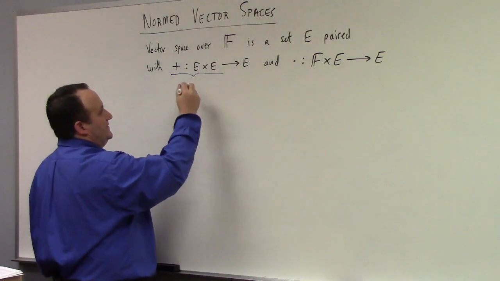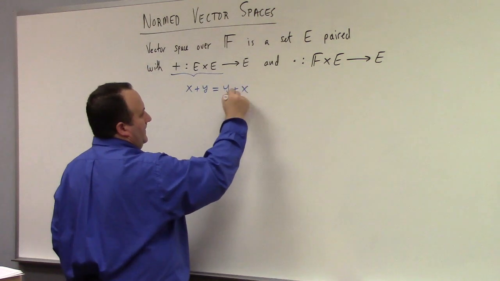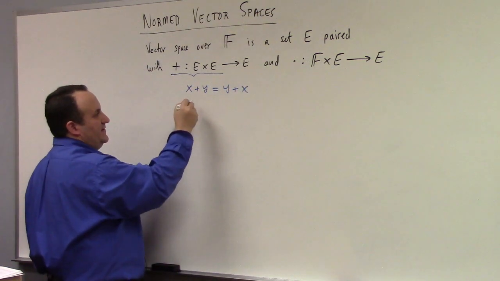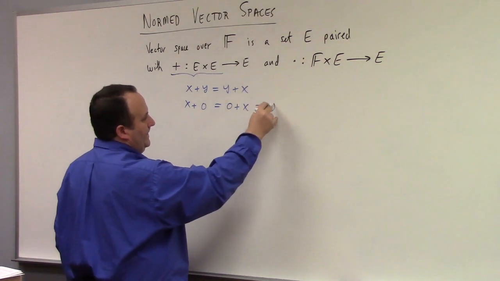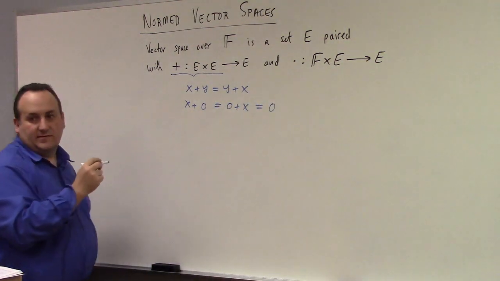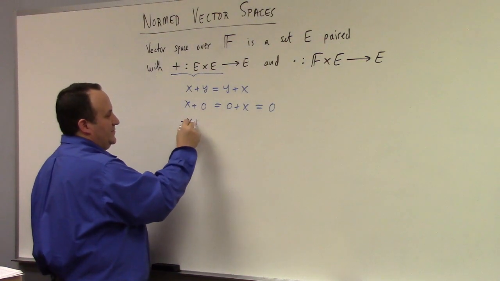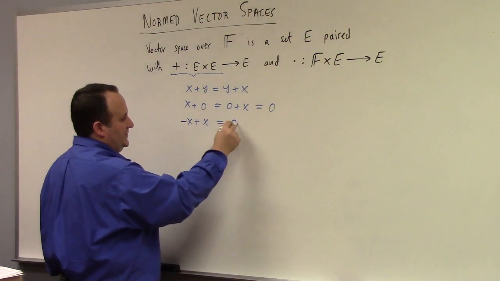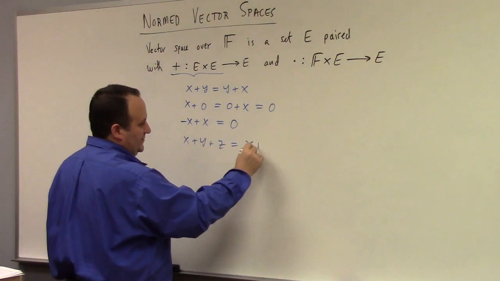So this is commutative. There's a 0, right? Minus x plus x equals 0, and x plus y plus z associates.